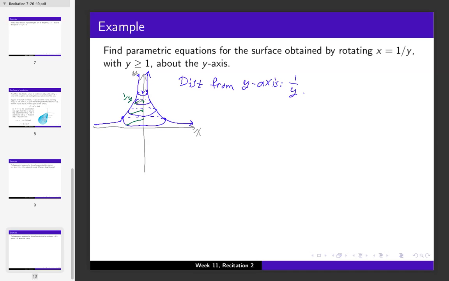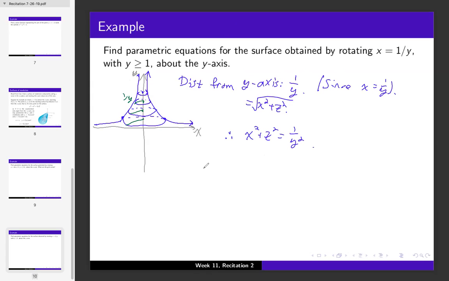And that again comes from the fact that we have x equals 1 over y in this case, but it's also equal to the square root of x squared plus z squared. So at the end of the day, what we're going to get here is that x squared plus z squared equals 1 over y squared.